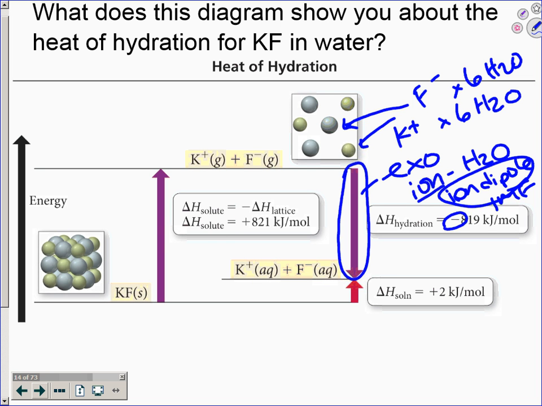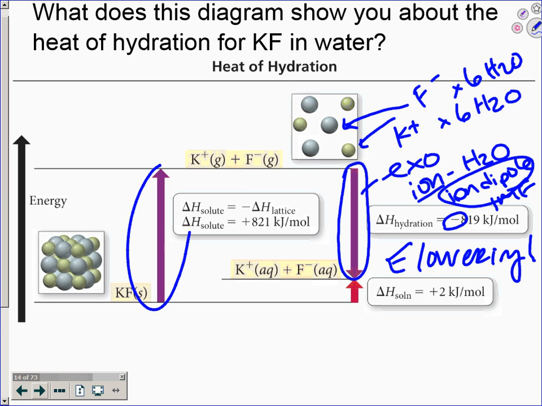Remember, any kind of bonding process, be it IMF, bonding, attracting, or literal bonding, it's always energy lowering. So that is a key point. Anytime you have attractions, it's energy lowering. This is quite energy stabilizing, so it released 800 kilojoules of energy. But we have to compete with how much energy it took to even break the ion lattice apart. So what's happening here?